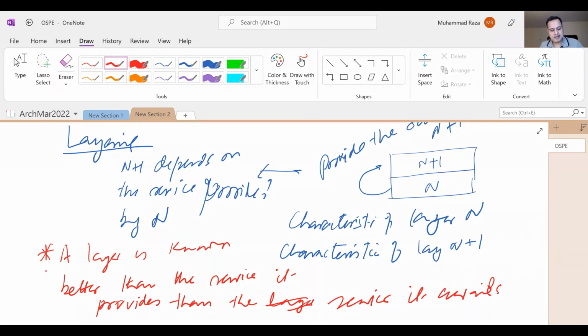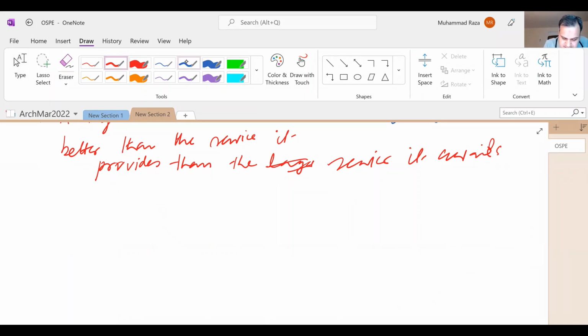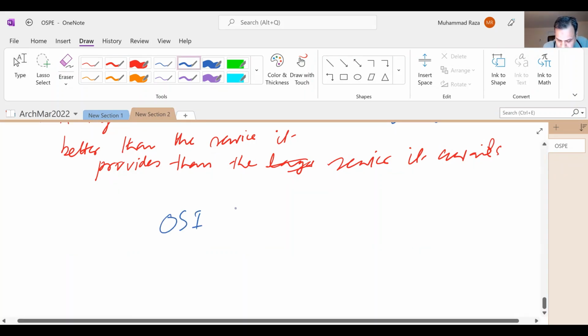So this is something you keep in mind. Then people run into the problem of two standards in the same context: OSI layers and TCP/IP layers.